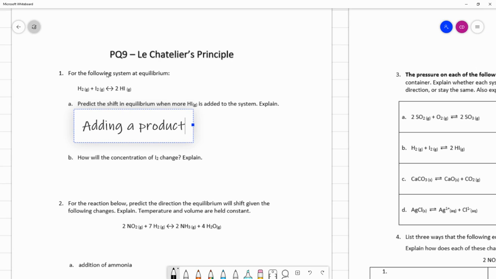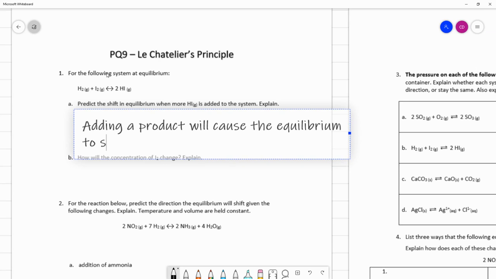So we're going to say adding a product, which is on the right side of the arrow, will cause the equilibrium to shift left, which is towards the reactants.